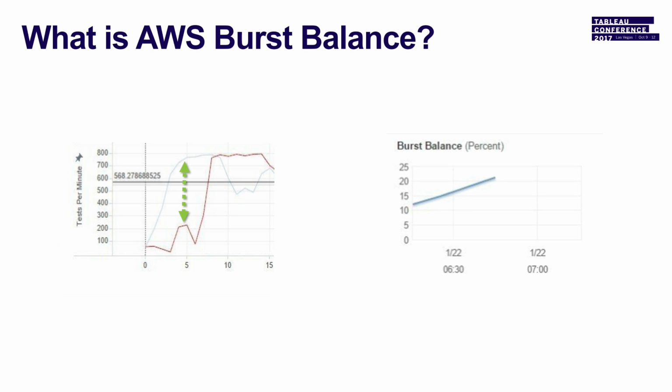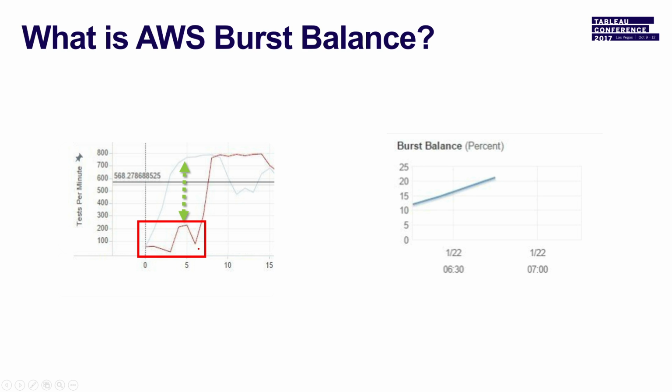But on the left-hand side, what we see in the red line, a higher red line is better. This is a load test, so the number of tests that we can complete per minute, a higher number is better. And what we see at the start of this run here is a very low level of performance in terms of tests per minute compared to the previous run in grey in the background.